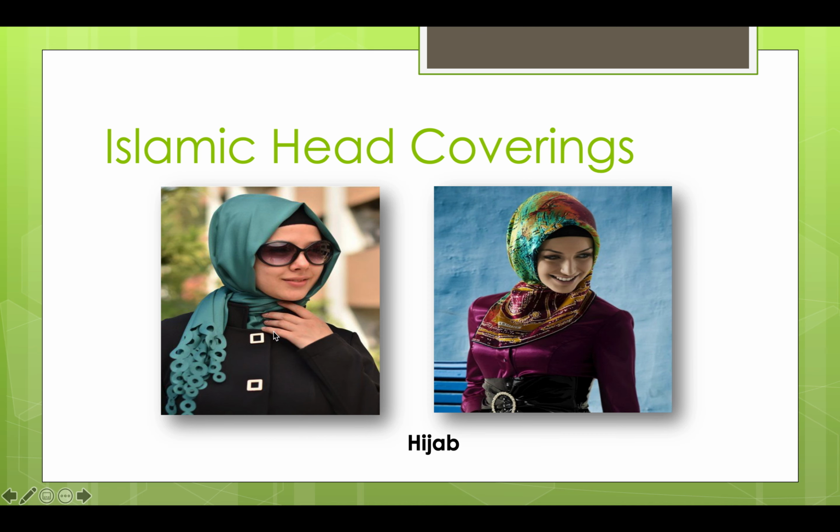And then we have the hijab. We see this in more moderate Islamic cultures, right? It's usually, or it's also often called the turban, right? And it's usually just a head covering and dressed modestly otherwise, right? And you see that in many more moderate Islamic cultures.